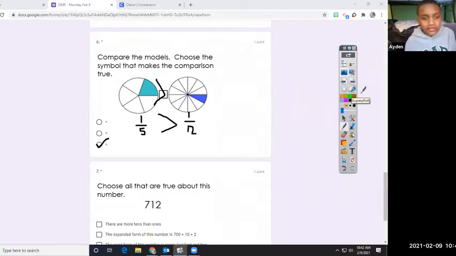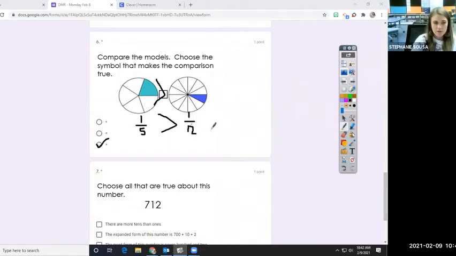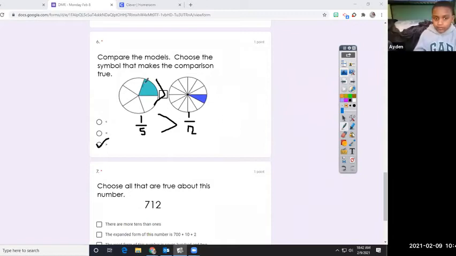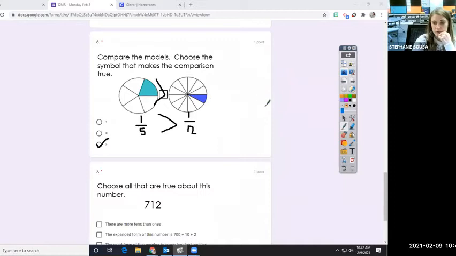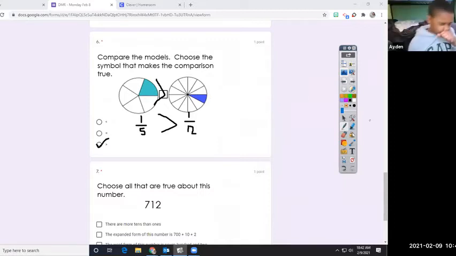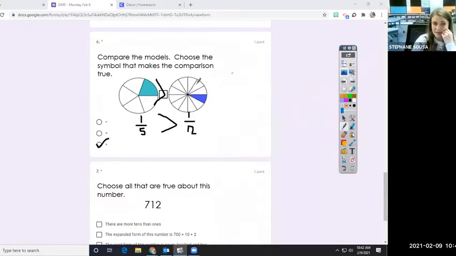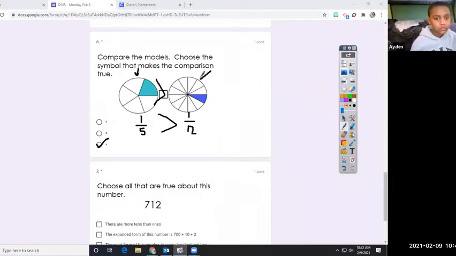I forgot again why we should pick the bigger one. So, take a look at the picture. Would you agree with me that there is more teal than there is tiny blue? Yeah. That's a bigger piece. The reason it's a bigger piece is, let's imagine this is a cookie and your mom says, Aiden, I'm going to give you a cookie, but you either got to share it with your 5 cousins or you got to go in the neighborhood and share it with all 12 kids.